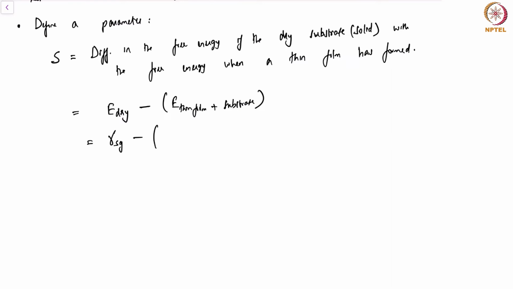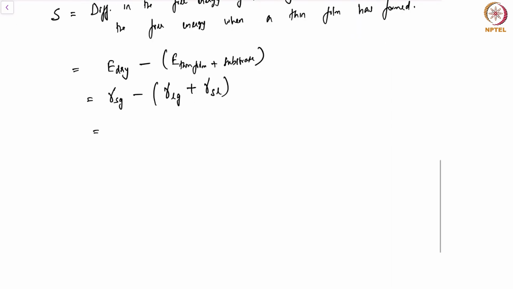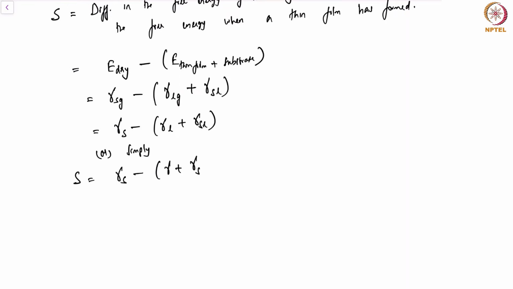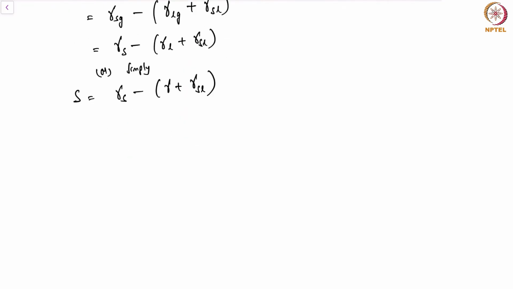Basically you're creating a surface between the liquid and the gas, that is gamma Lg, plus gamma solid-liquid, right? And this can sometimes also be written as gamma S minus gamma L plus gamma SL, or simply S would be gamma S minus gamma plus gamma solid-liquid, where gamma is the surface tension of the liquid.